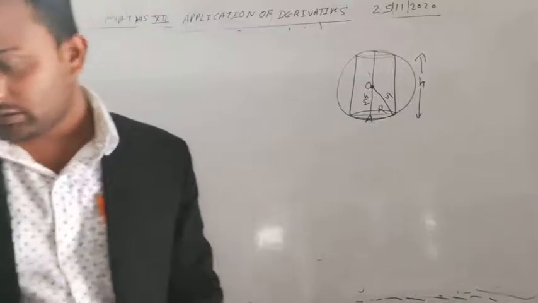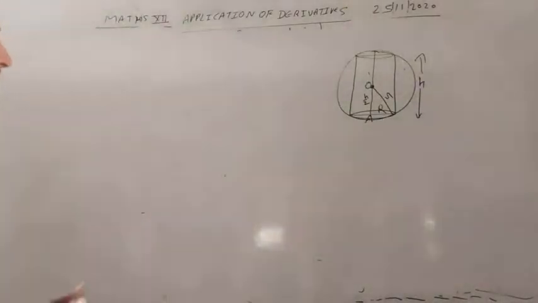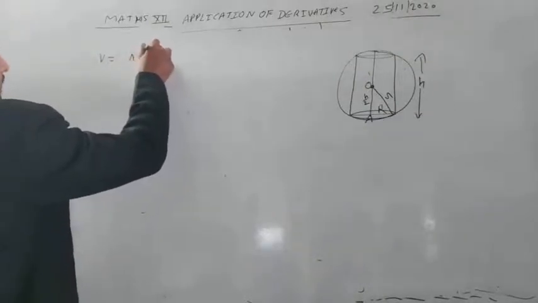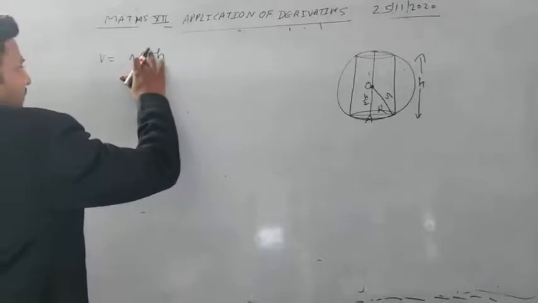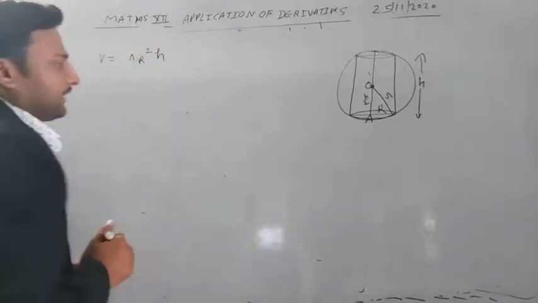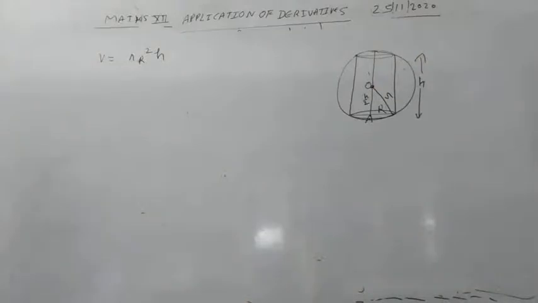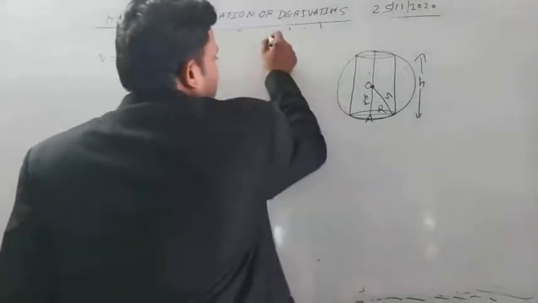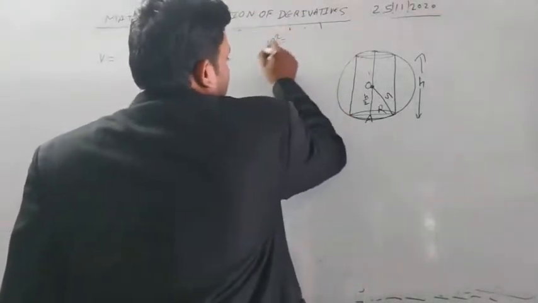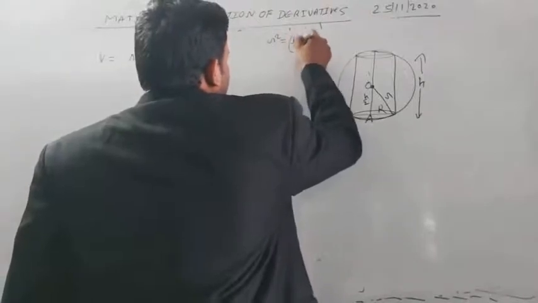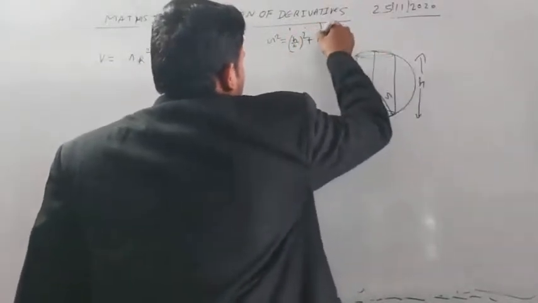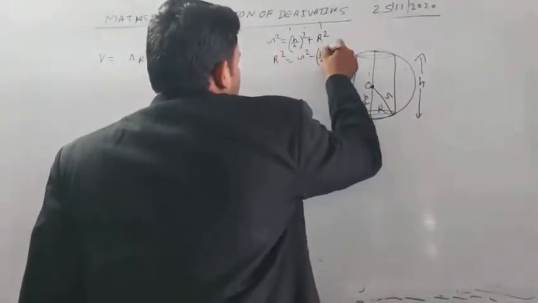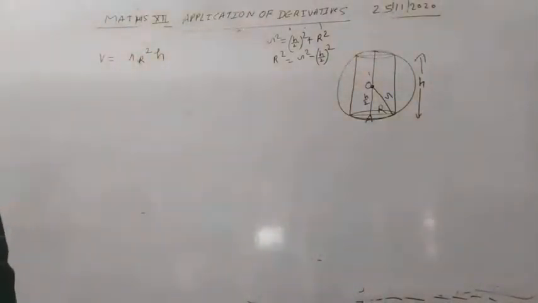So let our volume V be equal to pi R square h, where R is the radius of the cylinder. What will capital R be from here? r square is equal to (h by 2) whole square plus capital R square. So capital R square is equal to r square minus (h by 2) whole square.